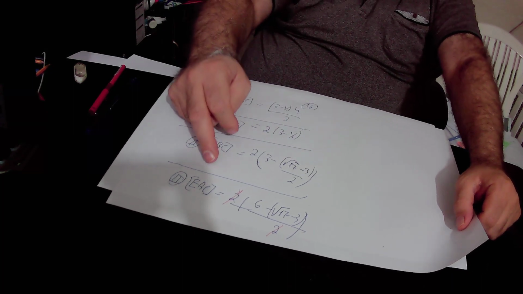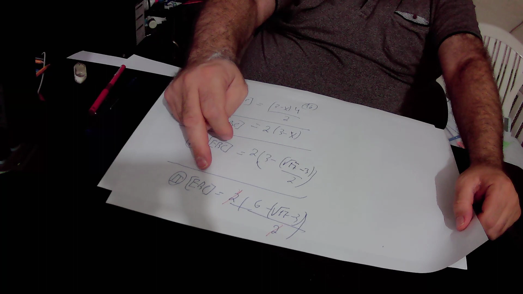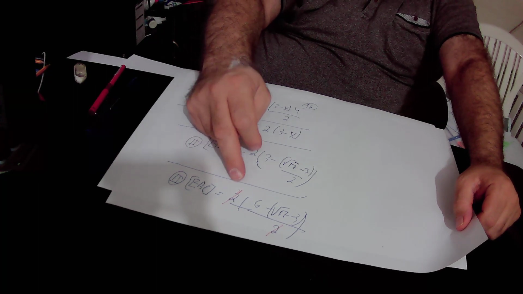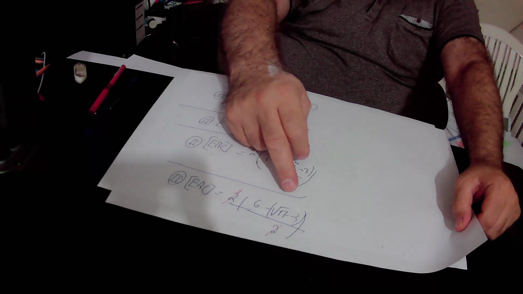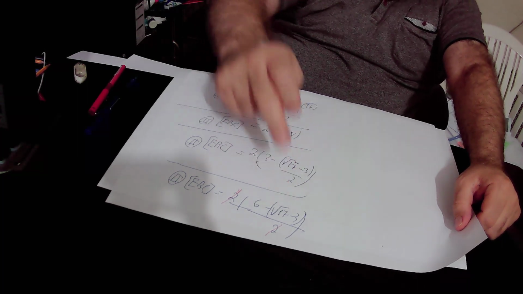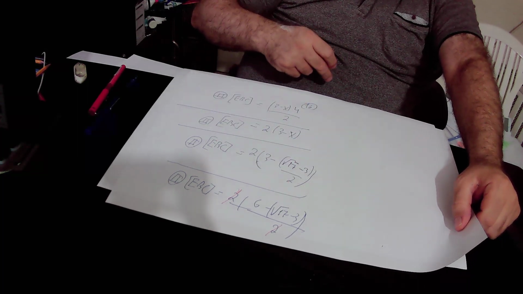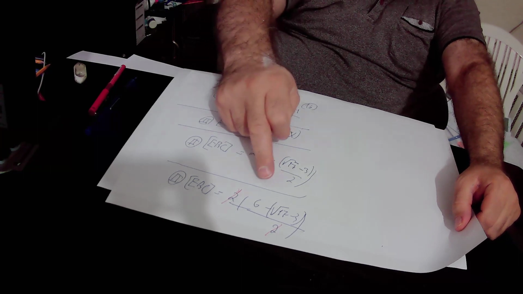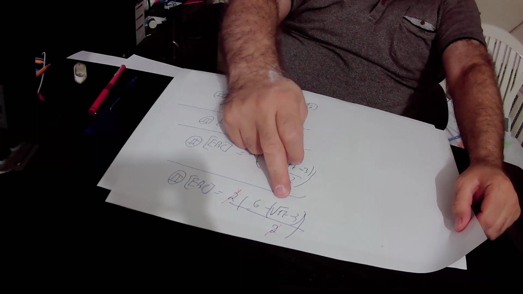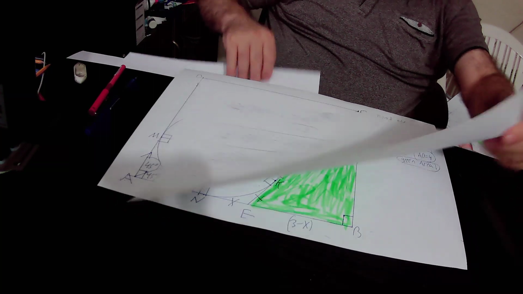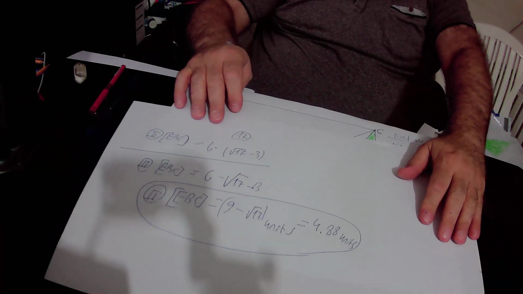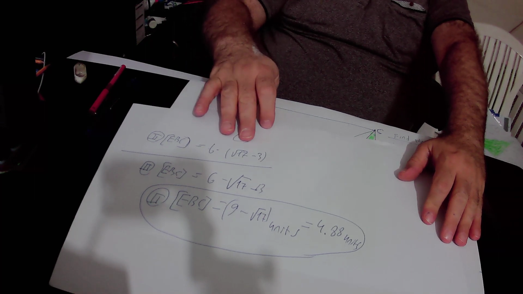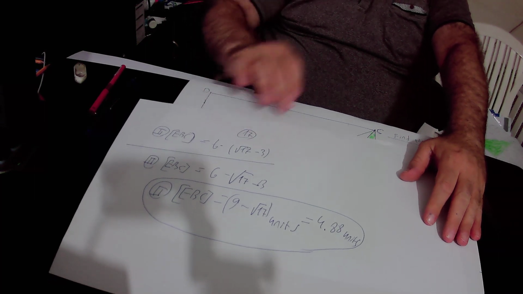So in total we got that the area of the green right triangle EBC equals 2 times 6 minus square root of 17 minus 3 over 2. 2 over 2 is 1, so 2 will get cancelled, and in total we are left only with 6 minus square root of 17 minus 3.